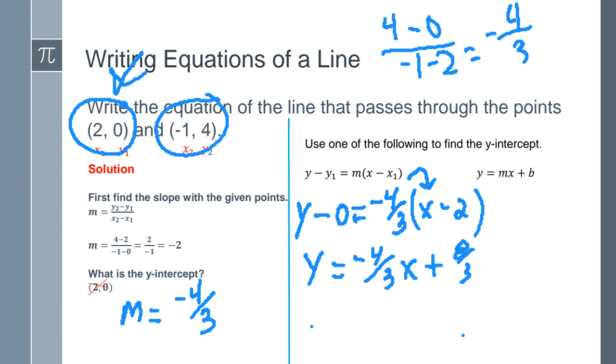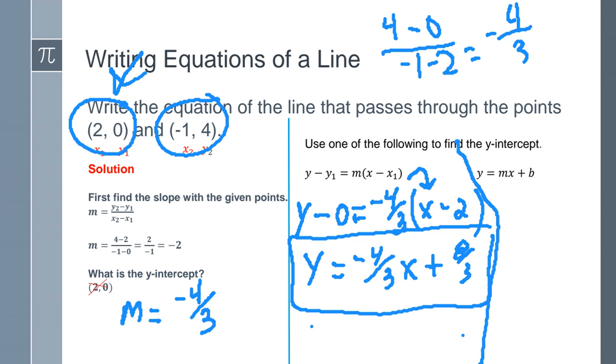So now you can use the point slope form, or you can use y equals mx plus b. If you use y equals mx plus b, it's going to be the same idea. In this case, y is 0. Again, I'm going to use this point over here, the 2, 0. M is negative 4/3, and then x is 2, and then we have plus b.